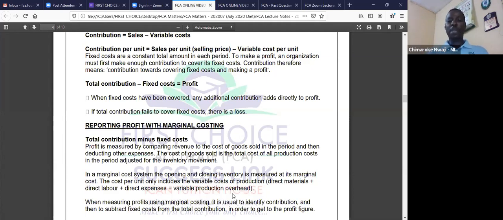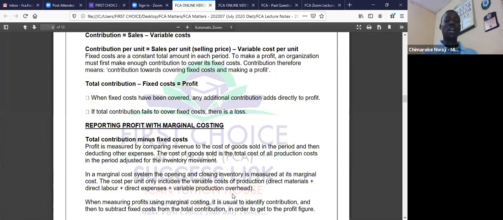So some of them remain unsold at the end of the period. And so we say adjustment for inventory movement. So the cost of goods sold will include your opening stock, your purchases, and your closing stock. So that's how you get the adjustment for inventory movement.